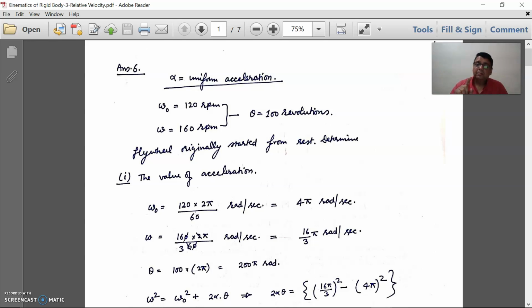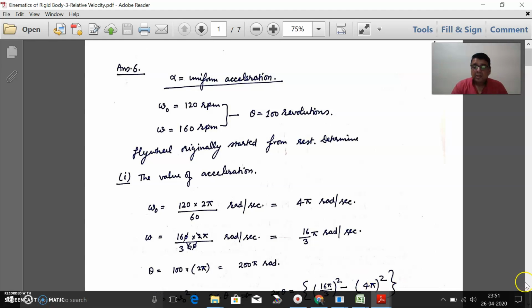And I need to convert minutes into seconds. So for one circle I converted into 2 pi, and for 1 minute I converted into 60 seconds, so my value will be in radian per second. So omega naught will be 4 pi, omega will be 16 by 3 pi, and theta: one revolution is equal to 2 pi, same way 100 revolutions is equal to 200 pi.